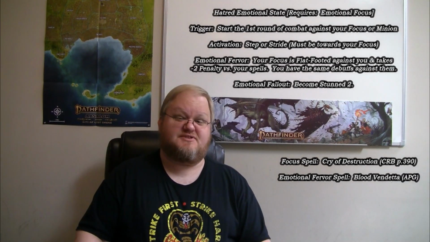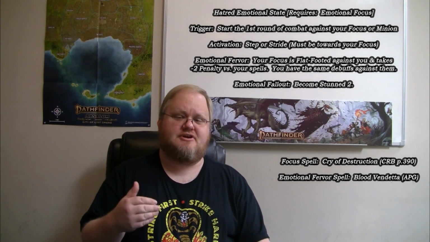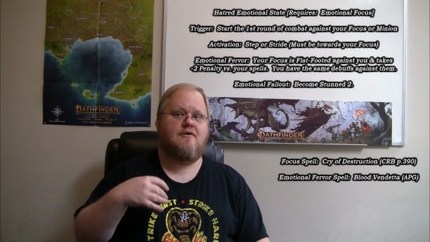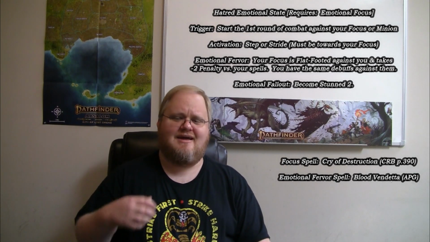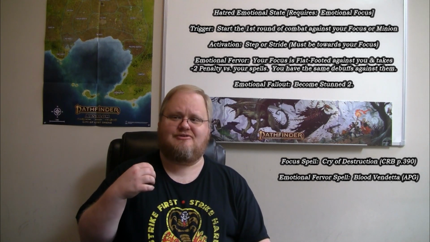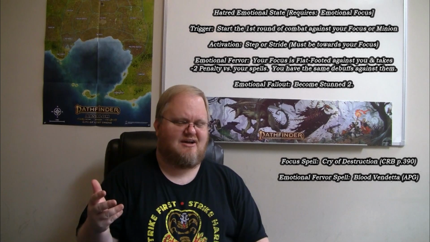The next emotional state is Hatred, and this is another emotional state where you have to pick a particular person to serve as the emotional focus for this given emotional state. So essentially, the Hatred emotional state is really good for portraying a strong rivalry if your character has a particular enemy or some other person that they are desperate to hunt down.